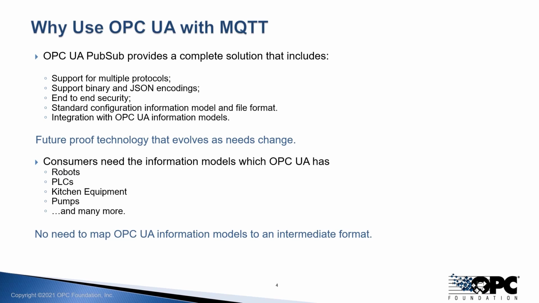So there's a certain amount of value in using MQTT with OPC UA. And one of the most important things is it's an abstraction layer that does not depend on the protocol. It's an architecture that works over any kind of middleware.